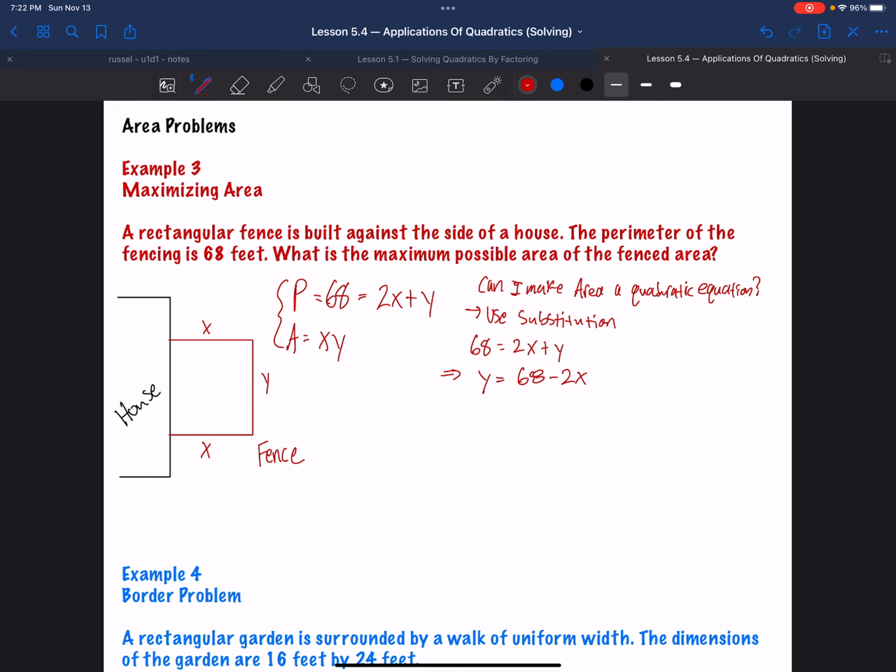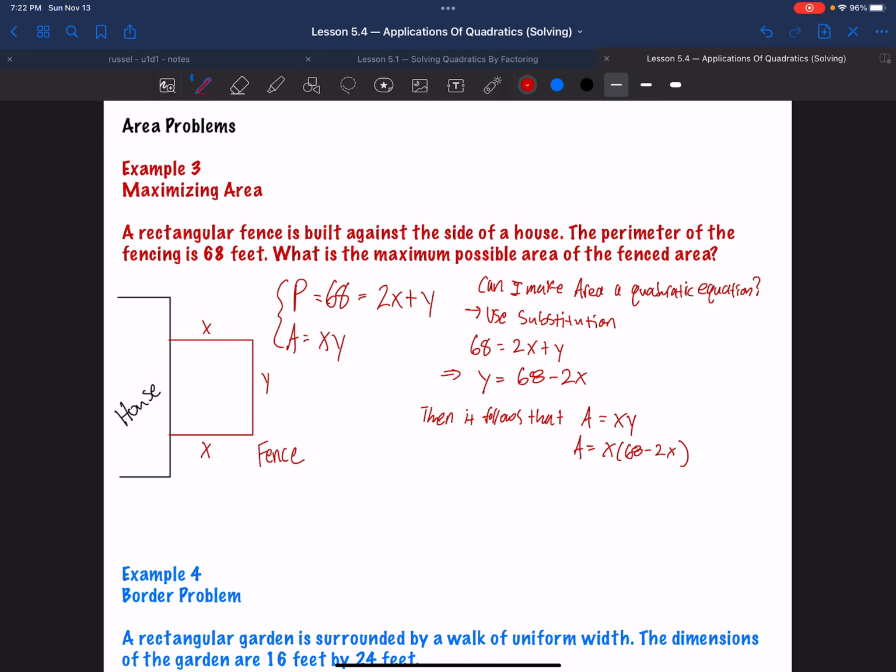So if y equals 68 minus 2x, then it follows that A equals xy means A equals x times 68 minus 2x. I'm sorry, minus 2x.